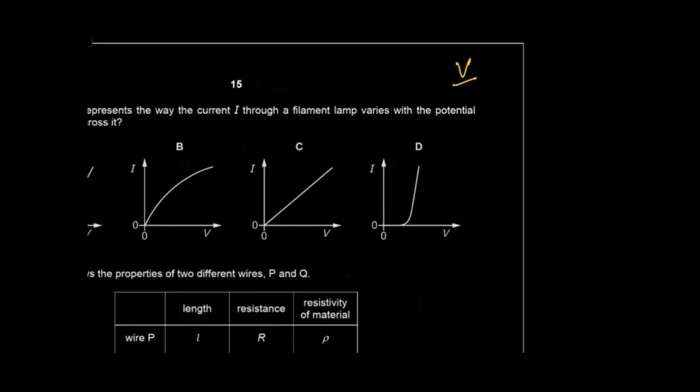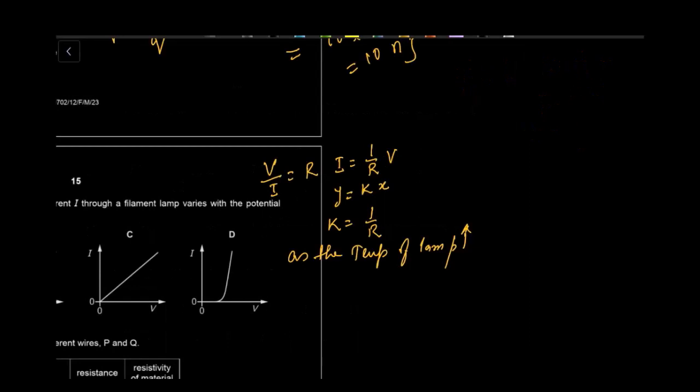We know that V upon I is equal to R. So I can be written as 1 upon R into V. If we draw the I versus V diagram, it is similar to y is equal to kx, a straight line, where y is I and x is the potential difference, and the slope k is equal to 1 upon R. So the slope of the IV curve is 1 upon R.